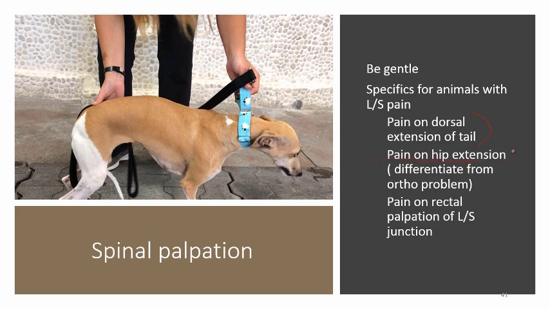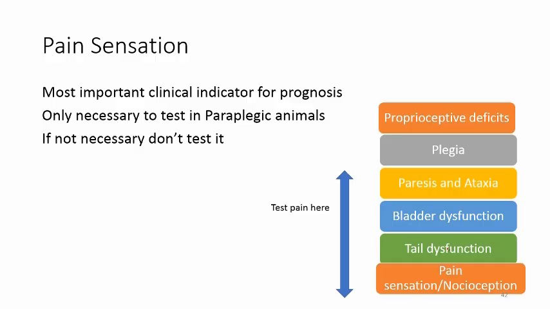Also could be LS disease, and we have to differentiate that from ortho problems. Or pain on rectal palpation of the lumbosacral junction. So if you're not sure, you can put on a glove and palpate that rectally. Not really nice, clients don't like it, but sometimes, if you cannot have an MRI done, you are able to get a diagnosis with that.